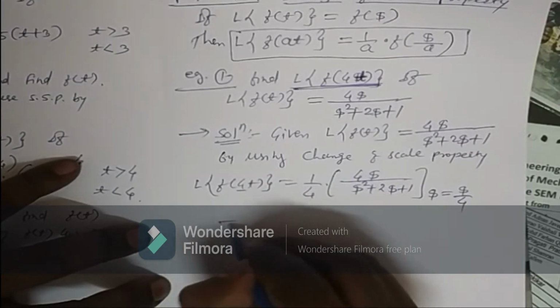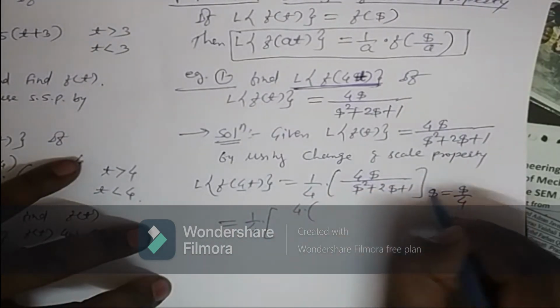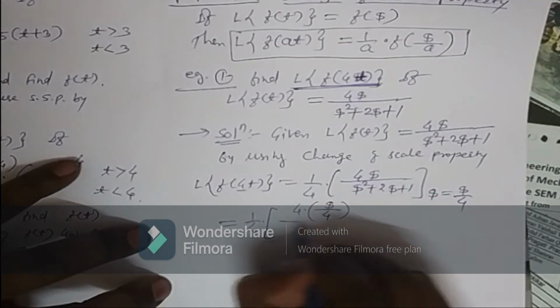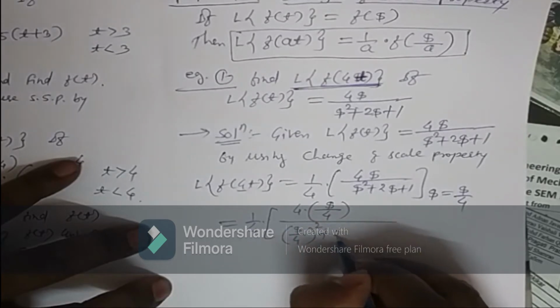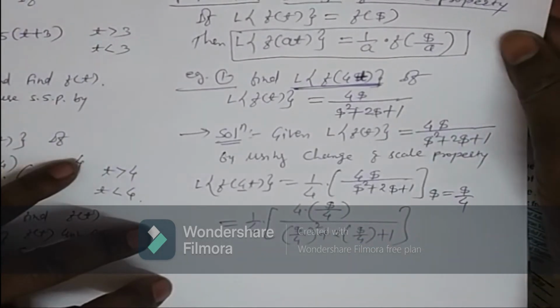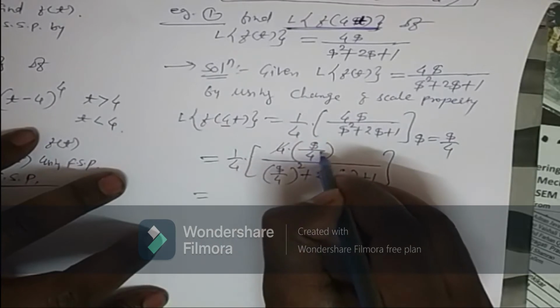Now 1 upon 4 as it is, and in the bracket, in place of s we write s upon 4, divided by (s upon 4) whole square plus 2 into s upon 4 plus 1, bracket close. Now the 4 and this 4 get cancelled.